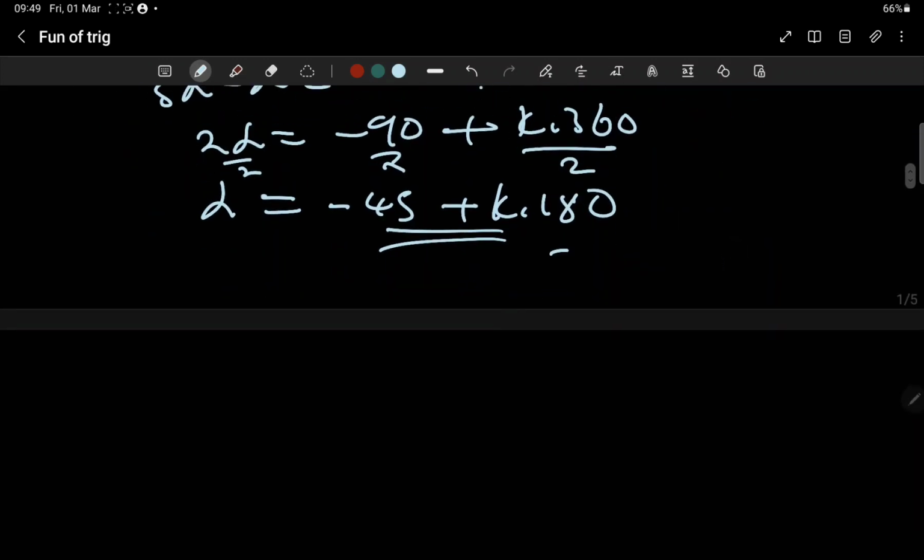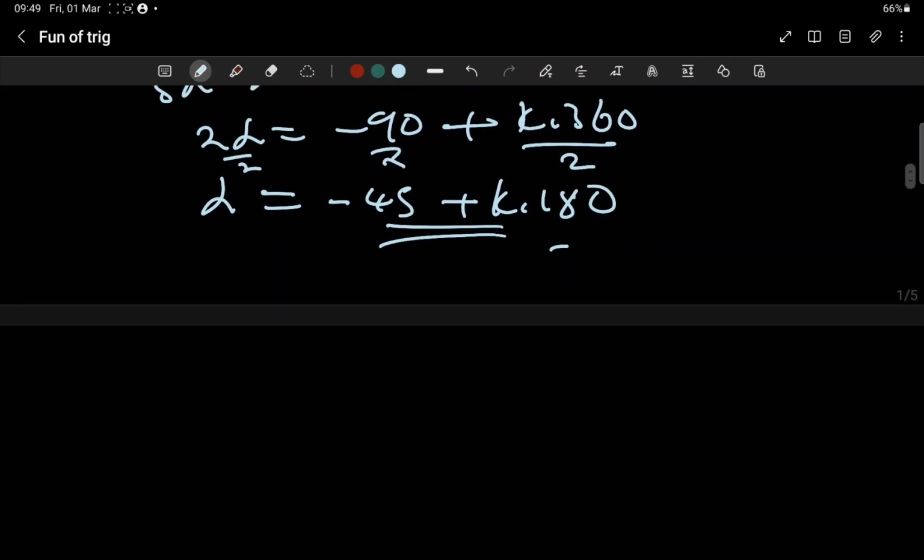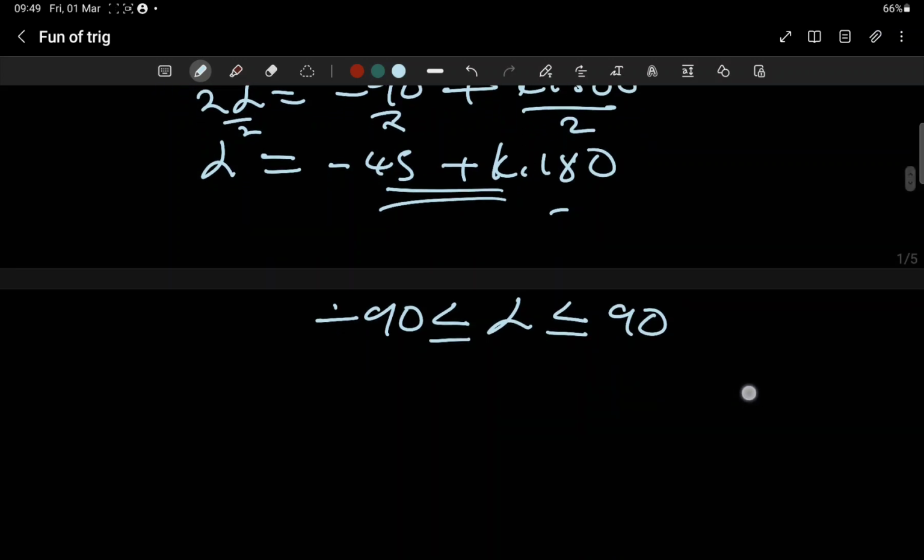Now which of those values fall into the range in the question, 6.3? Remember, we're given negative 90 less than or equal to alpha less than or equal to 90. So we're looking for those values of alpha between negative 90 and 90.